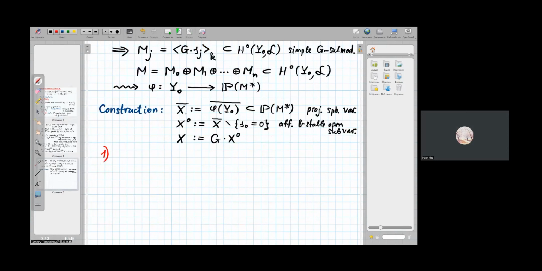We have this projective variety X bar. We may consider the affine cone over this X bar, and we consider the coordinate algebra of this affine cone. So we have X bar hat.